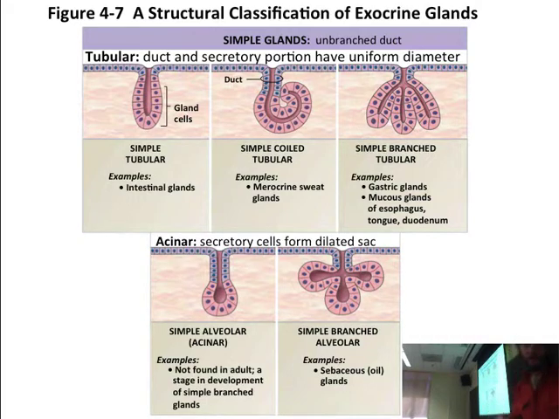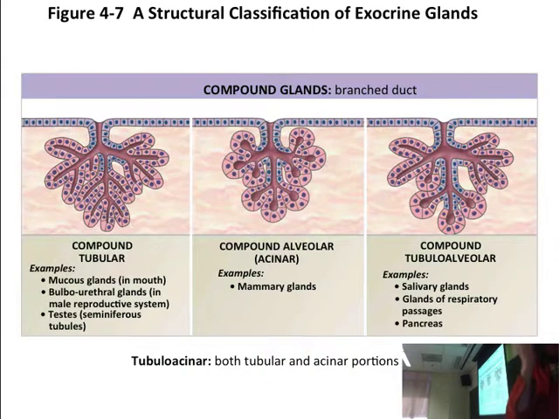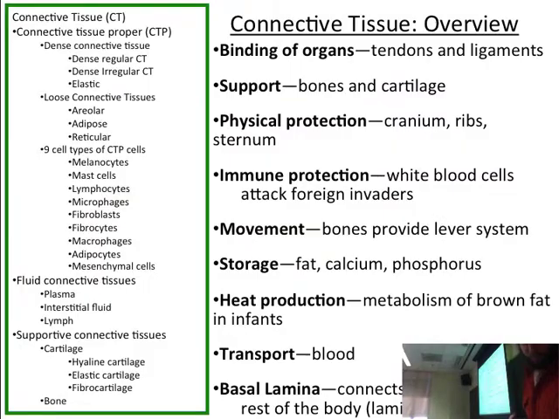These are different structures in the glands. And then these compound glands, you have compound tubular, so a branch of tubes. You can have compound alveolar, so the tubes have alveolus on the end of them, and you can have tubulo-alveolar. It's all possible out there. Biology's taken advantage of all of it.